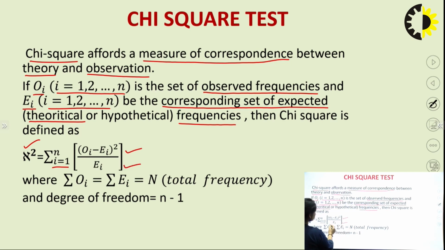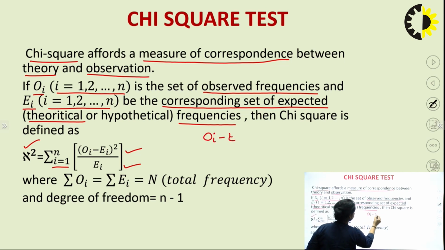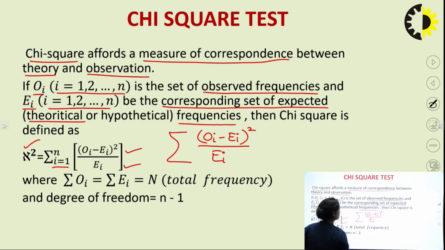So we will first find the value of O_i minus E_i, take its square divided by E_i, the expected frequency, and thereafter the summation is taken over all the values of i. Instead of writing i going from 1 to n, it is understood that i is taking all the values starting from 1 till n.